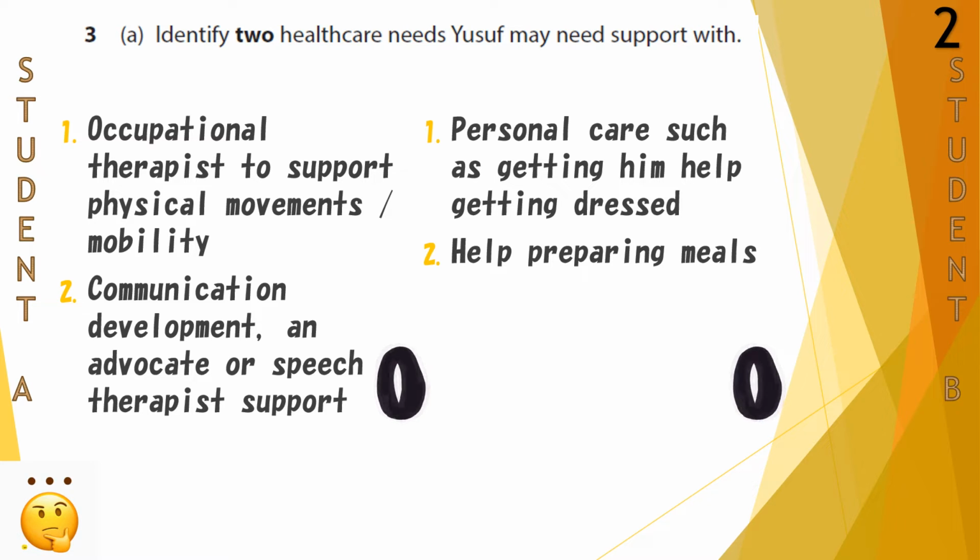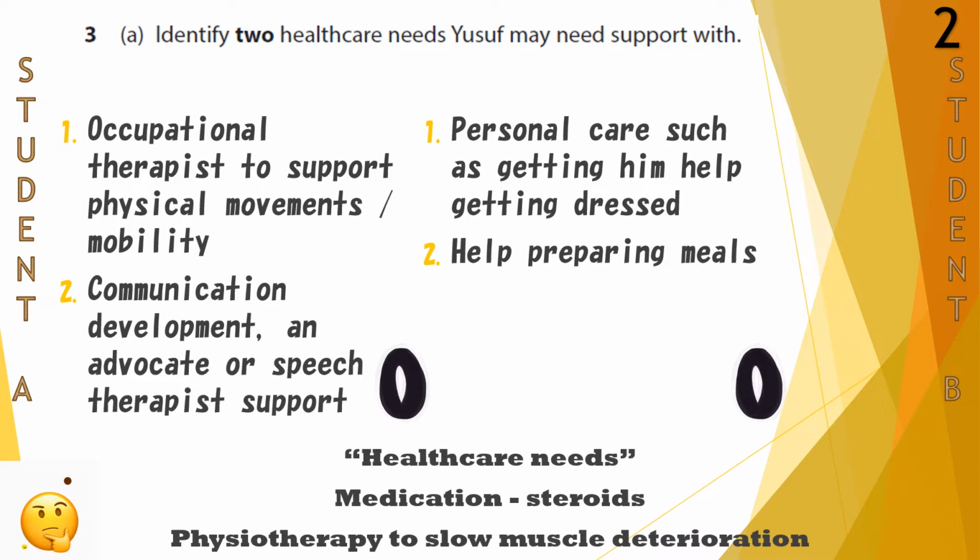Again, without seeing the mark scheme, my assumption is that the keyword is healthcare in that question. So the idea is focusing more on his health and physical care, which would be medication like steroids, or physiotherapy to help with muscle deterioration. Obviously they've mentioned occupational therapists to support physical movements and mobility, but again, that's not healthcare.